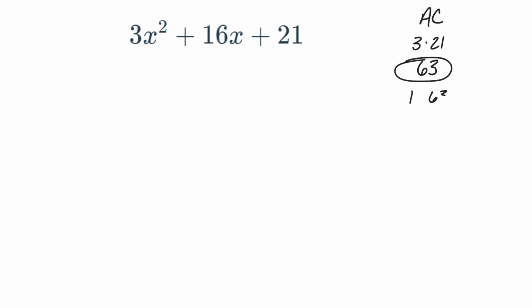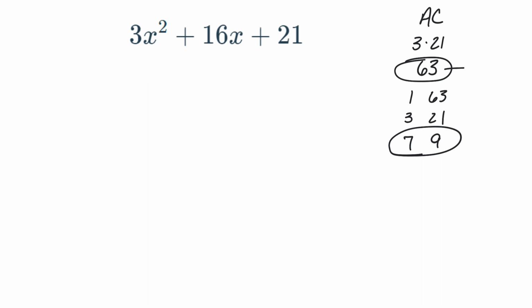So 1 times 63, of course, 3 times 21, and then 7 times 9. And 7 times 9 is where the search ends, because 7 times 9 both multiplies to equal 63, and it adds to equal 16.